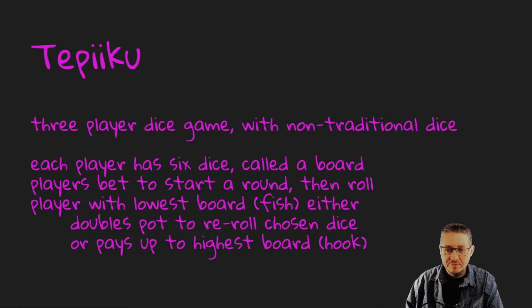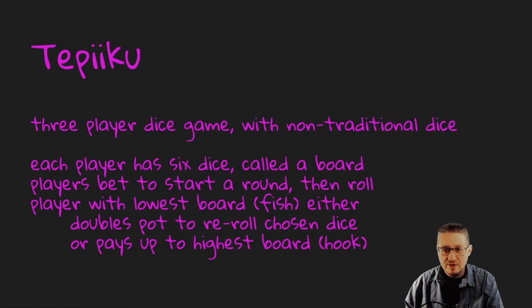And how you do that is by choosing to re-roll some of your dice, or all of them. You can pick however many of the 6 dice you have. You can re-roll as many as you want. There's a cost though, because then the pot doubles. The amount everybody's wagered, that amount doubles. So, say everybody wagered 3 and the initial round is 9.